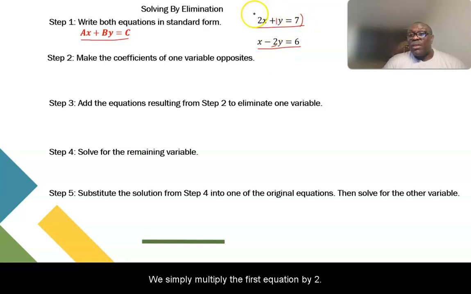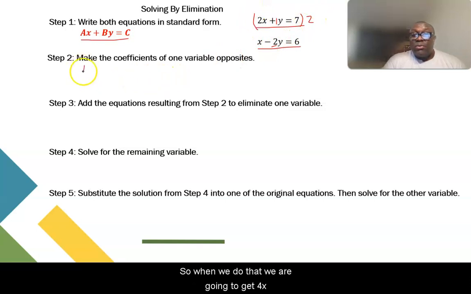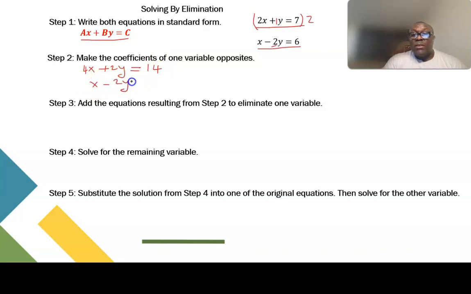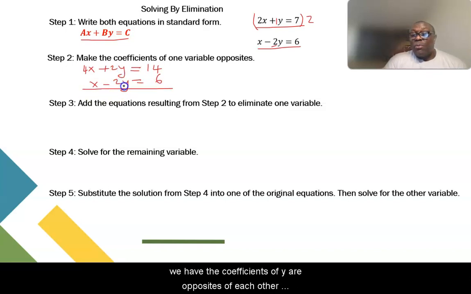We simply multiply the first equation by 2. So when we do that, we are going to get 4x plus 2y equals 14. And the second equation will remain the way it is, x minus 2y equals 6. Now notice that by doing that, the coefficients of y are opposites of each other.